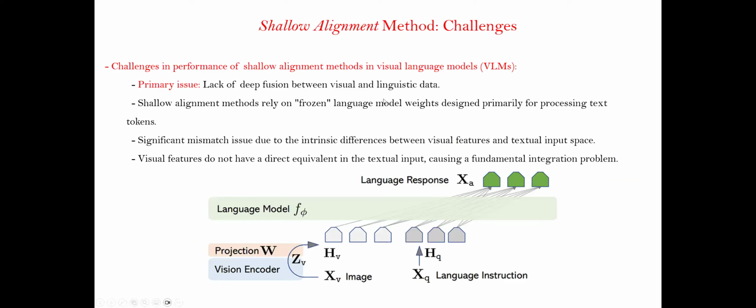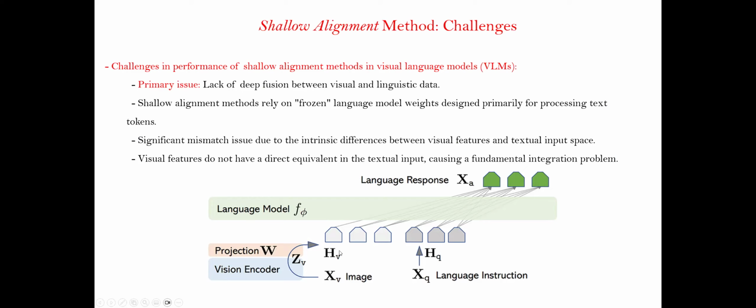As I mentioned, there is a lack of deep fusion between the visual and linguistic data, because it only takes care of the input side. Shallow alignment methods rely on frozen language model weights designed primarily for processing text tokens. So there is a significant mismatch due to the intrinsic difference between the visual features and the textual input space.